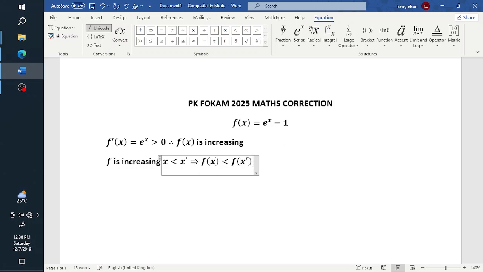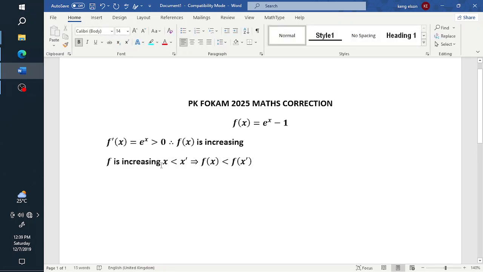That's another definition of an increasing function. So if x is less than x prime, x prime is bigger than x, f of x must also be less than f of x prime, and f of x prime will be bigger than f of x. When that happens, we are very certain that this function is increasing. So that's the definition of an increasing function in layman's terms.